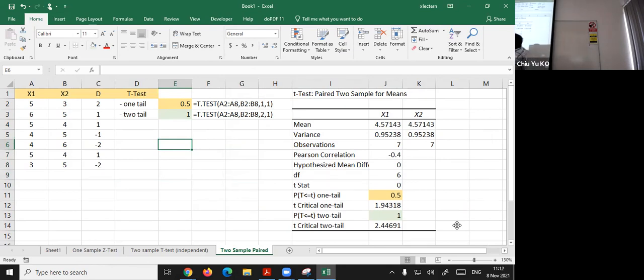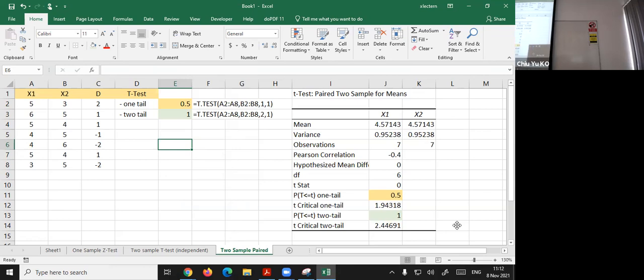This correlation is the Pearson correlation, the standard thing we have in topic 1: the covariance over the product of the two SDs. And this is the t-stat, the same thing. Is that okay?